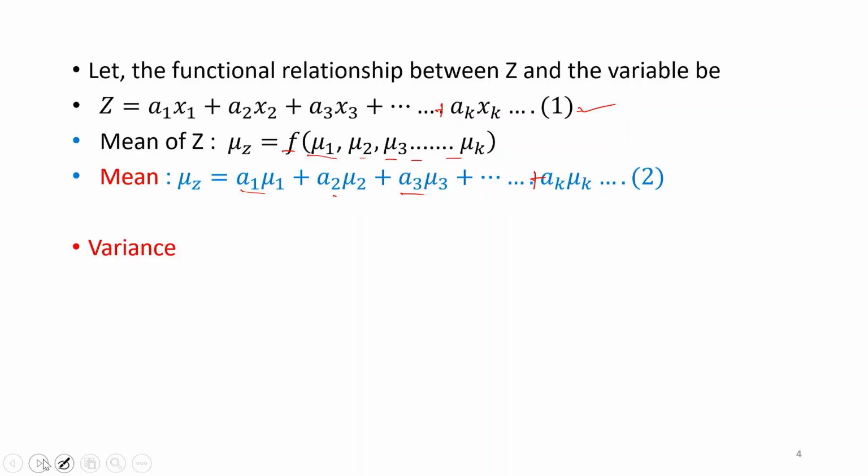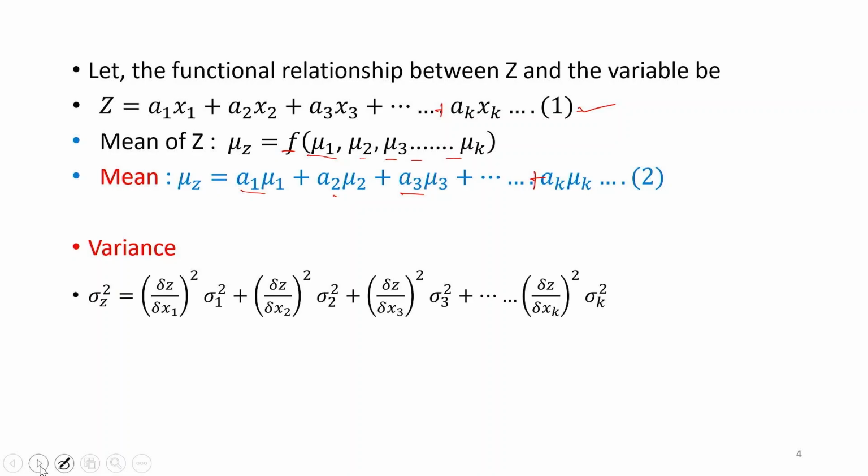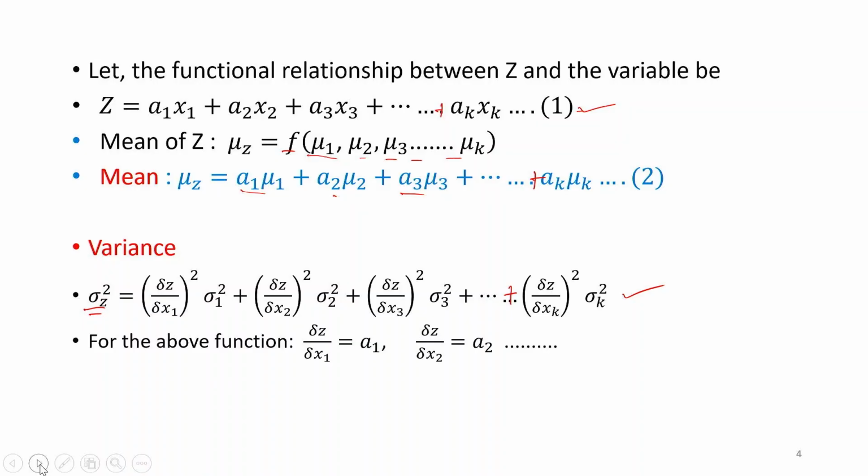And next, we need to know what will be the variance. So if we recollect the formula which was given in the previous slide, we have to use this to find out what is going to be the sigma squared z. We need to find out the partial derivatives.